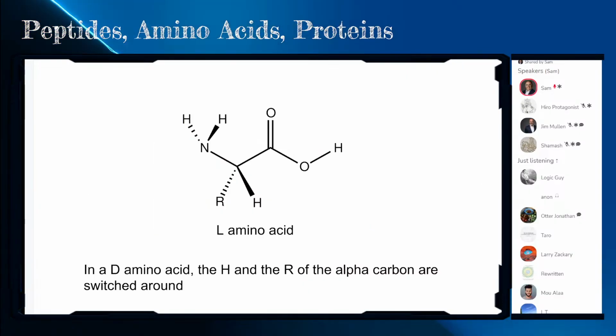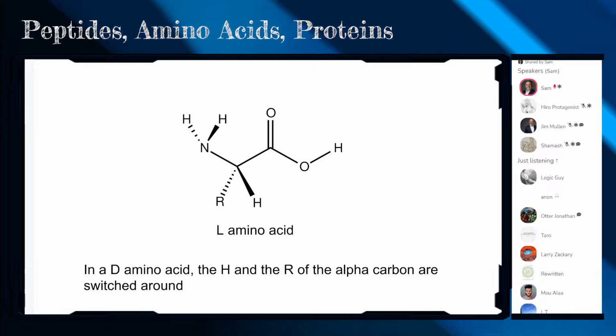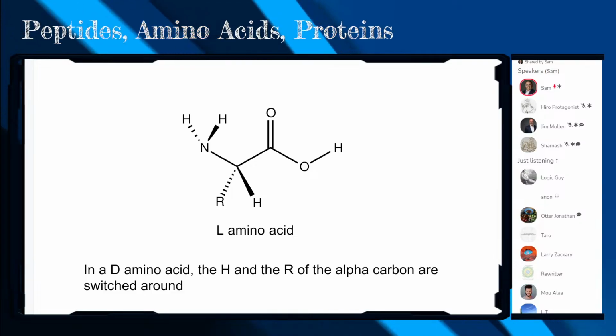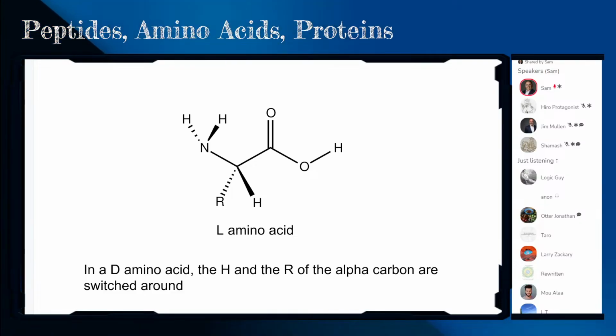So on slide 11, I have shown the way we draw 3-dimensional structures on a 2-dimensional surface. The solid wedge is coming out of the page, and the hashed wedge is going into the page.